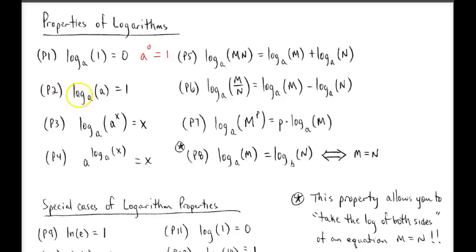For property 2, log base a of a is equal to 1. We know that that's the same thing as saying anything raised to the power of 1 is just that anything. Property 3 says log base a of a raised to the x. So this is when we have a log of something raised to an exponent. We know that the answer to that is the exponent.